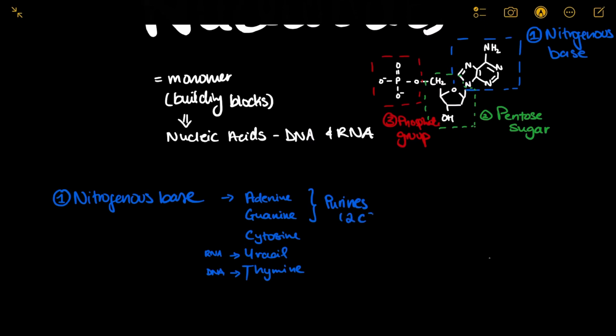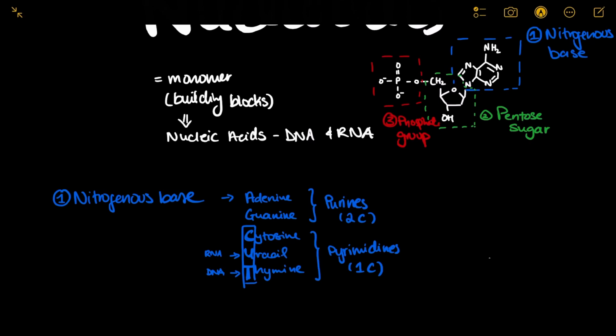Put 2C for 2 carbon rings, and the rest of the 3, so cytosine, uracil, and thymine, are called pyrimidines. And these only have 1 carbon ring. You can memorize this by looking at these first letters: C-U-T, cut. The cut nitrogenous bases are the pyrimidines.